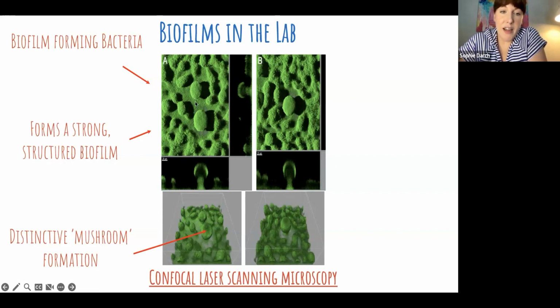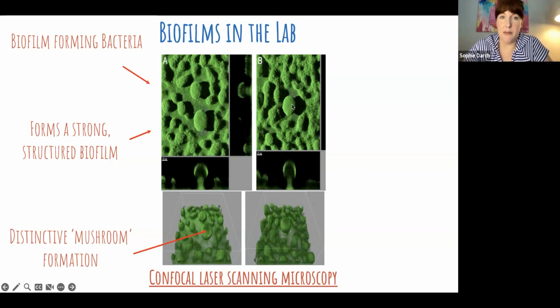So you can see these very distinct mushroom shaped structures that develop over time. And so you can see here, this is using confocal laser scanning microscopy, which is what we use a lot in our lab, an example of a growing biofilm. So everything that's green here is a bacterial cell. You're not able at this point to see individual cells. What you're seeing is a huge, coordinated group of bacteria that are stuck together on this surface and then developing and growing to form these big structures.